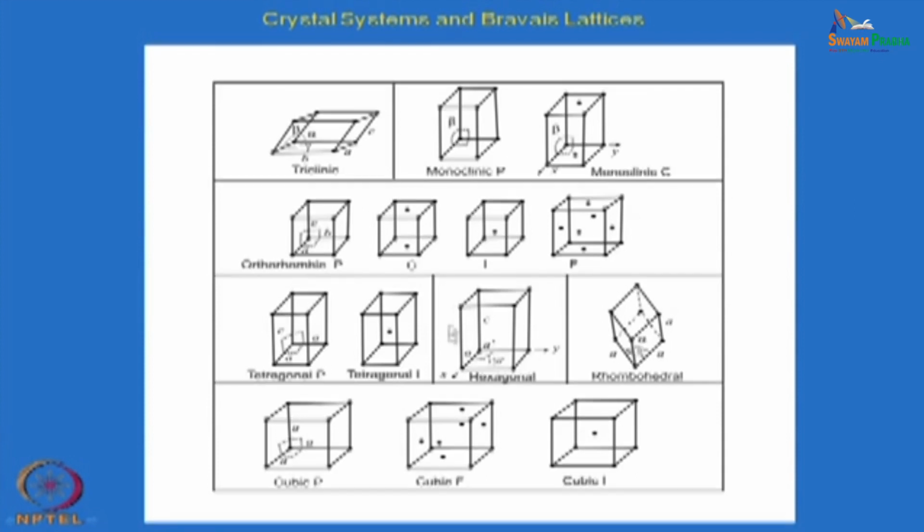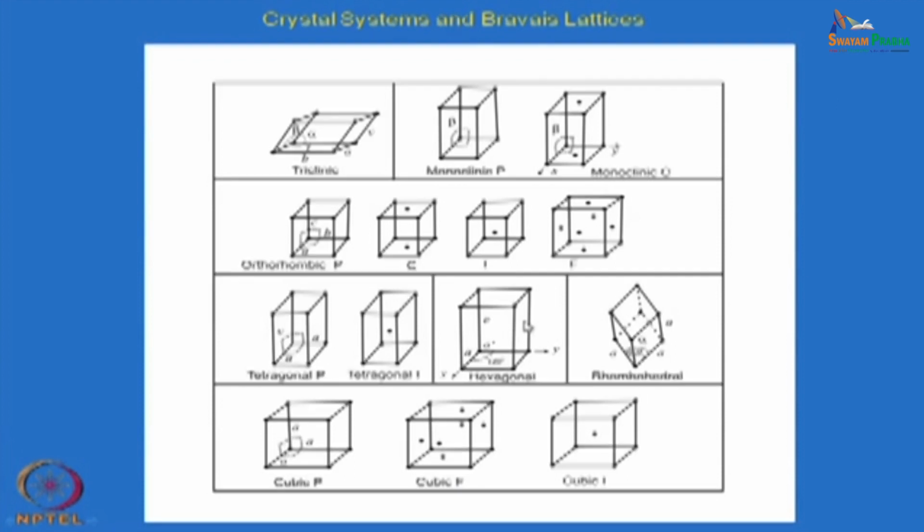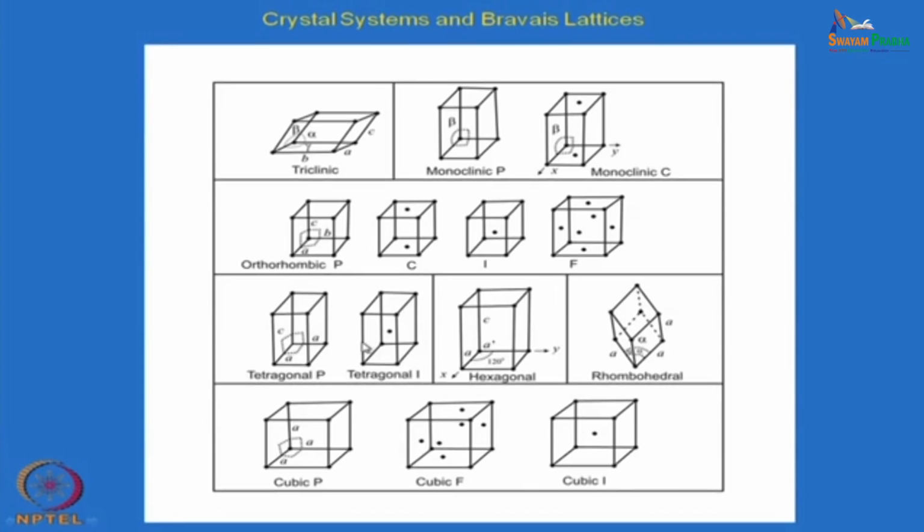So, it is only one variety of hexagonal cell, and we will just point out how the hexagonal system is different from cubic or other systems. We have a rhombohedral here, again only the primitive cell is there, there is no base center, face center or body center.